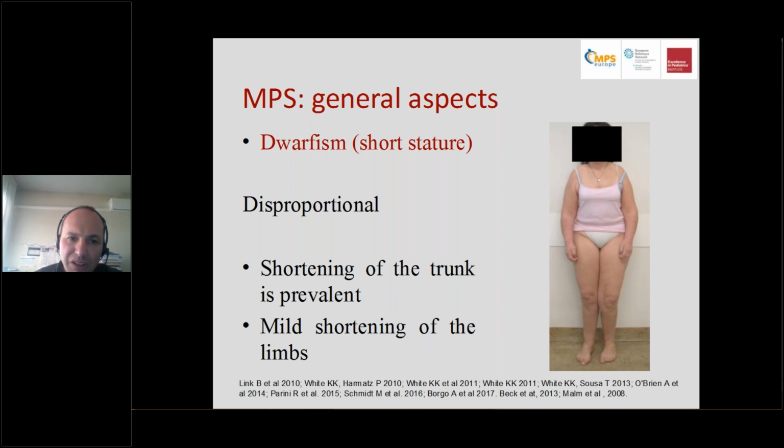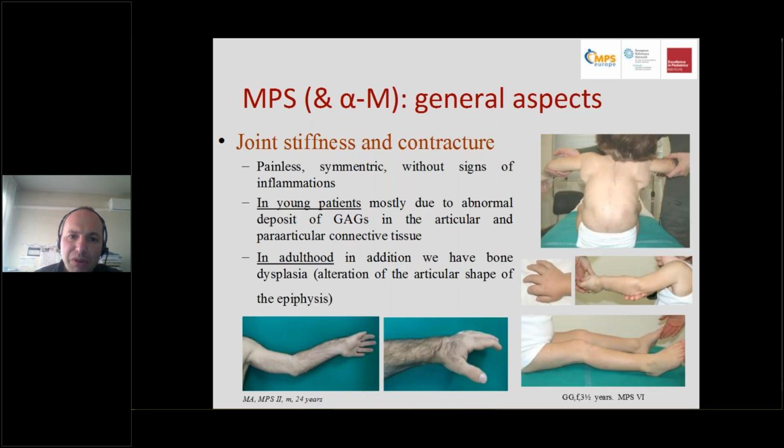So, short and disproportional. What about the stiffness? The stiffness is very typical of these lysosomal storage disorders, and it is usually painless, symmetric, and without any sign of inflammation. In young patients, the stiffness is mostly due to the storage of glycosaminoglycans in the soft tissue. If we take an X-ray of a young patient, for example, the joint line and the shape of the bone are almost normal.